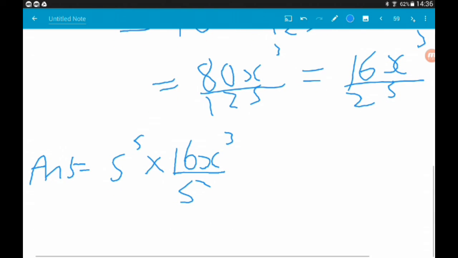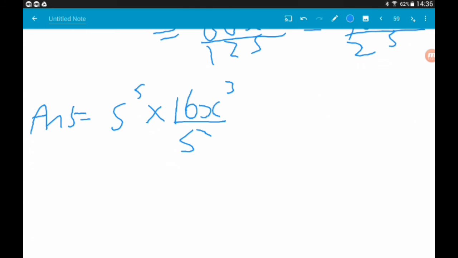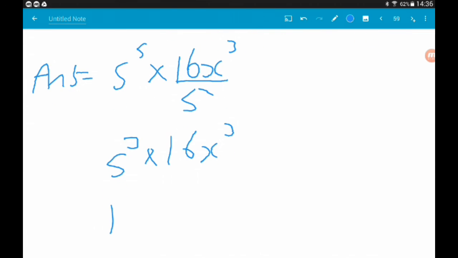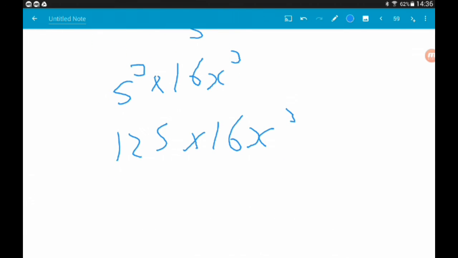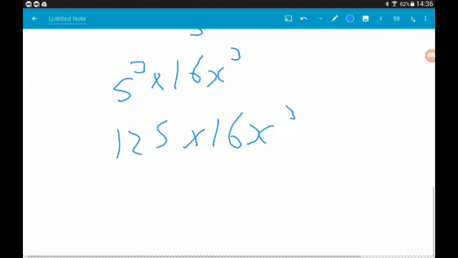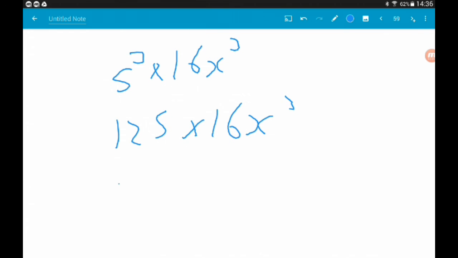So now we can cancel out a factor of 5 squared. So we've now got 5 cubed times 16 x cubed. 5 cubed is 125 times 16 x cubed. 16 times 125 is going to be 2000. So, our answer is 2000 x cubed.